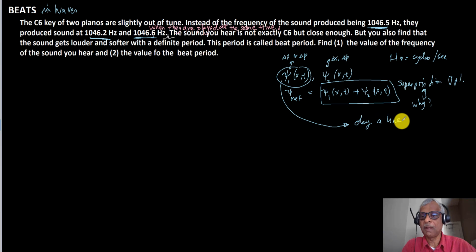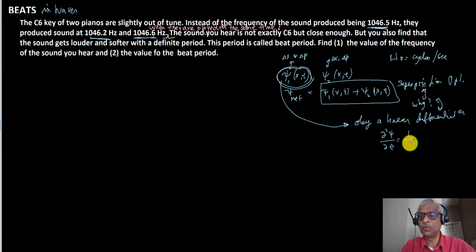If this is the sum, the solution will be the sum, and it looks like d squared psi dt squared equals v squared d squared psi dx squared, or rather 1 over v squared times d squared psi dt squared equals d squared psi dx squared.